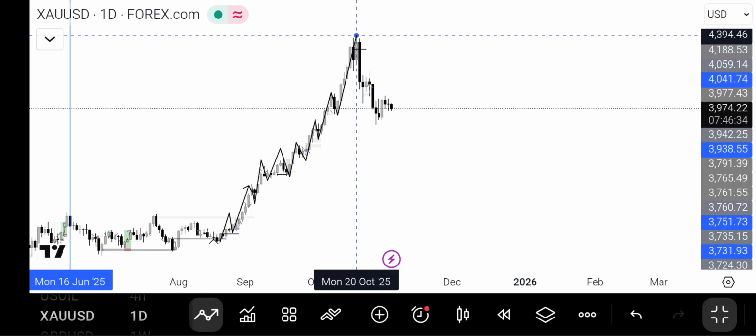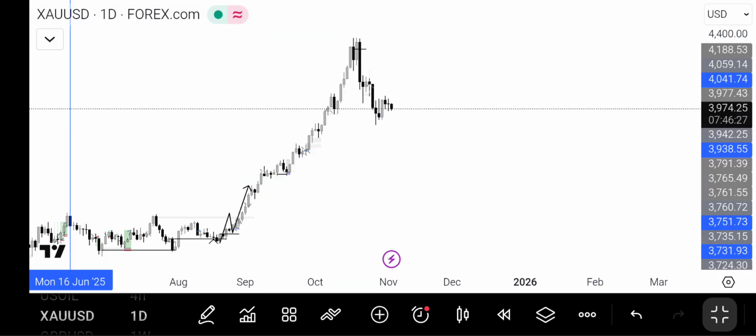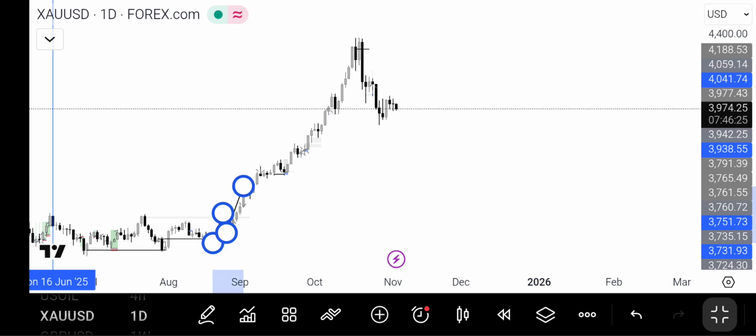Then what happened here? A lower low, right? A lower low. This is exactly what I was explaining.